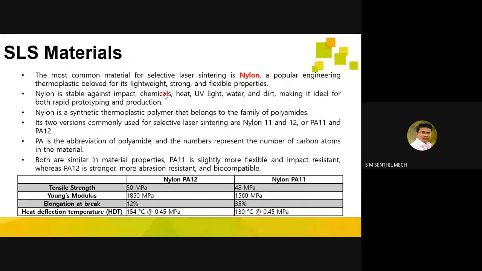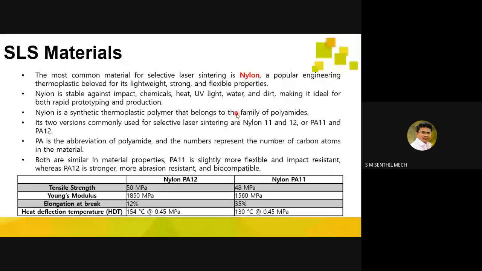Here you are using it in the form of polyamides. Nylon is a synthetic thermoplastic polymer that belongs to the family of polyamides. So a polyamide is nothing but nylon, that's it, so you don't get confused.